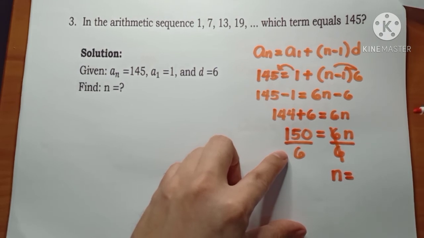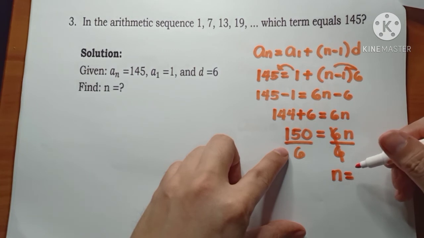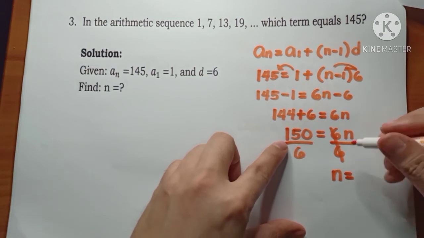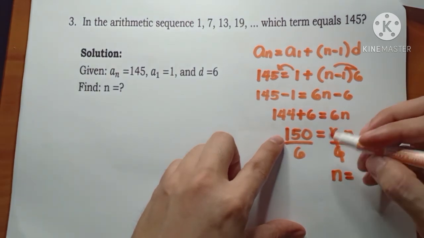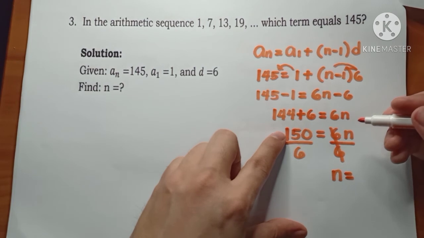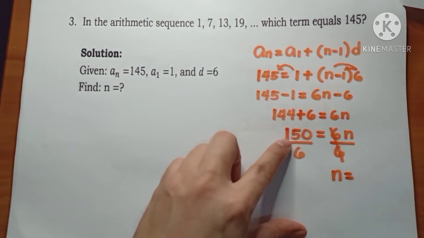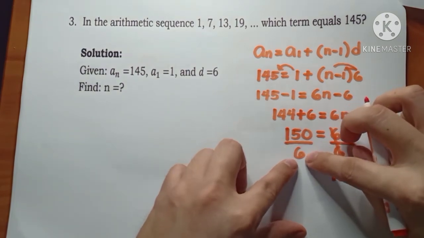Ilan kaya? The correct answer is, okay, so 150. Kung mahirapan kayo ng diretso, pwede naman natin i-ano yan. So 150 divided by 6, 15 divided by 6 is 2.